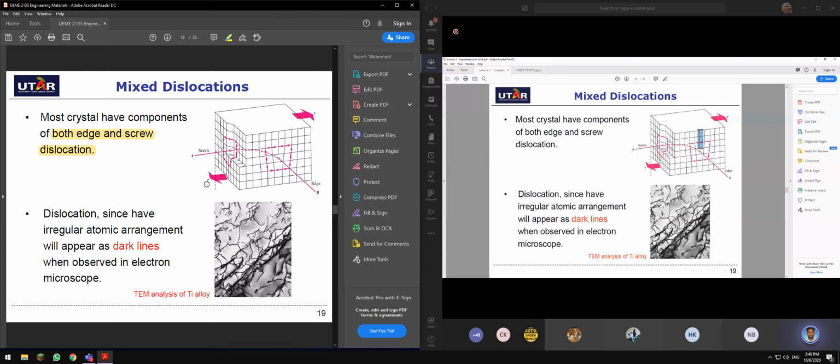Highlight that. Most crystals have components of both edge and screw dislocation. Now dislocations, since they have an irregular atomic arrangement, appear as dark lines when observed in an electron microscope. Highlight these.